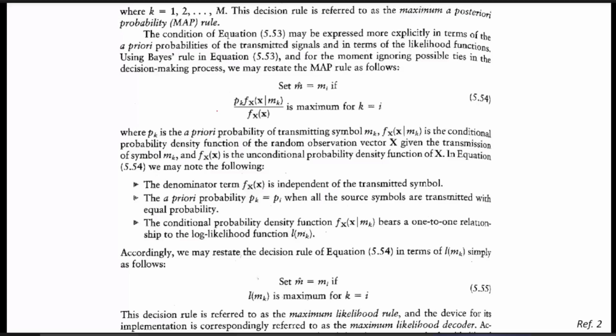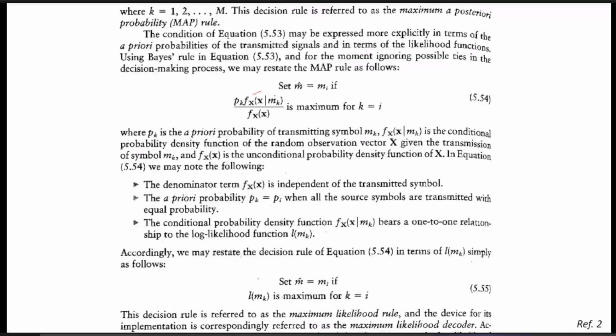Now this f_X(x) is independent of the transmitted symbols, that is, it does not depend upon mk. So we can consider this as a constant. This probability will entirely depend upon the factor f_X(x given mk), because this is the only factor in the whole expression which depends upon the transmitted symbols.